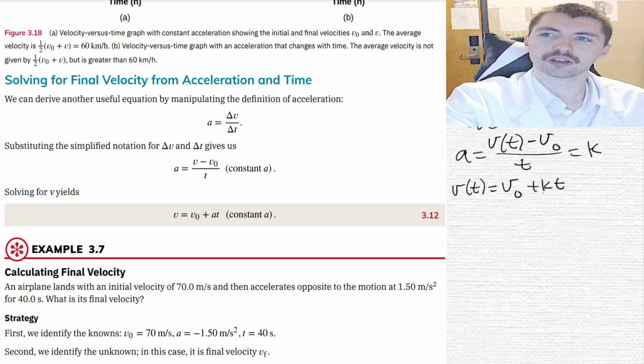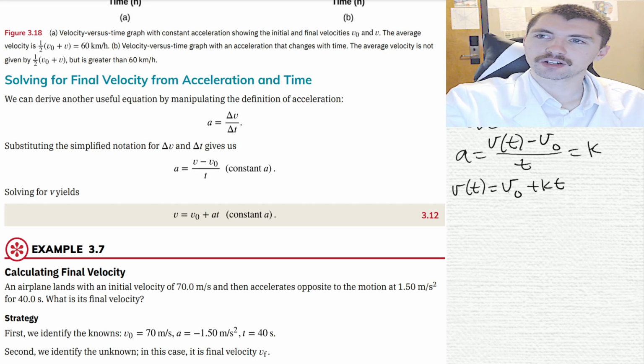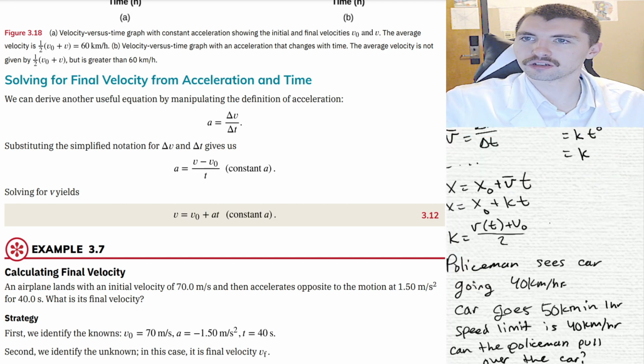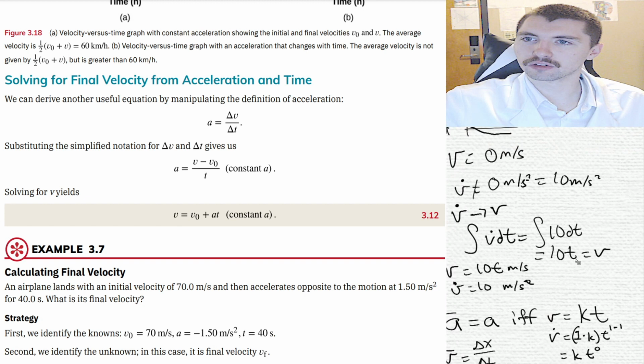Oh, okay, so earlier I messed up. So what is this? That is C for a constant. And if you recall, I did this integral. So what am I missing here?